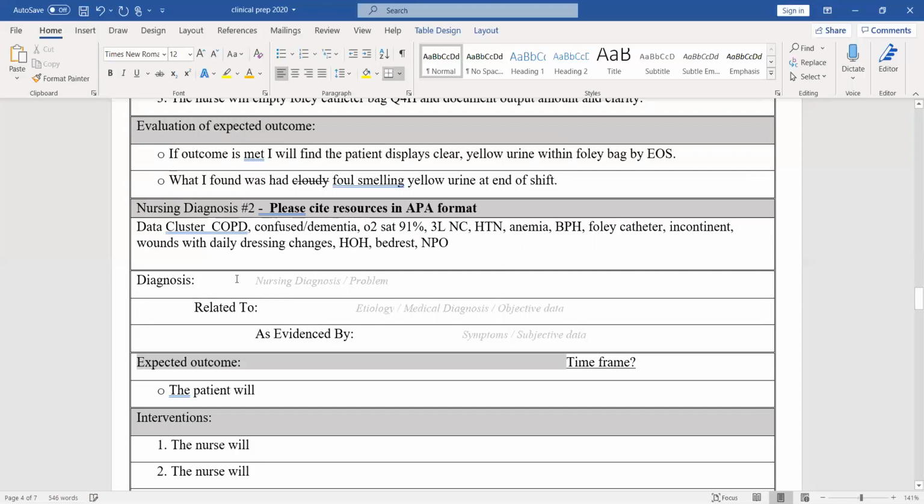So maybe our nursing diagnosis could be risk for impaired skin integrity related to confusion, dementia, as evidenced by wounds and being on bed rest.